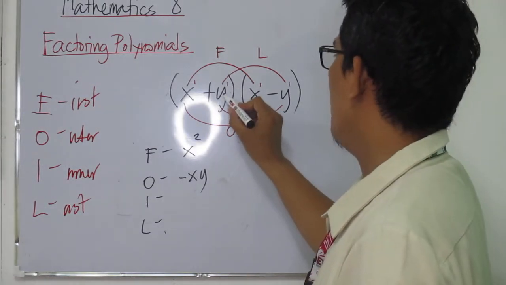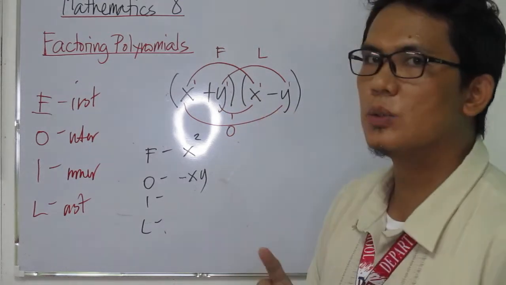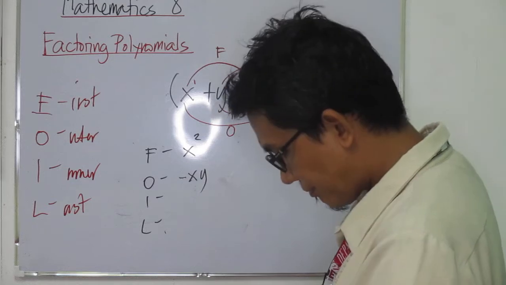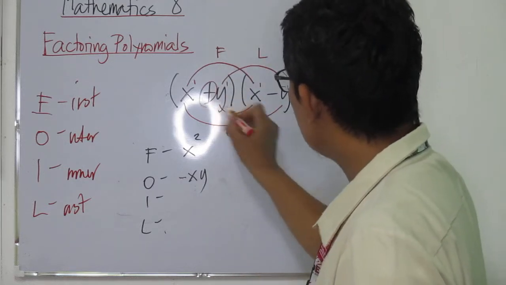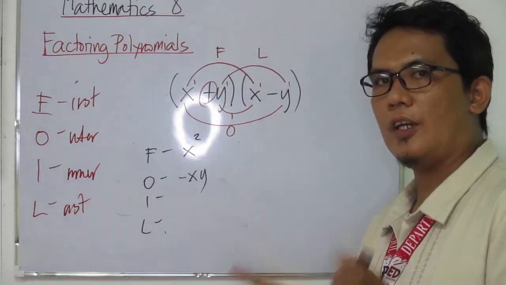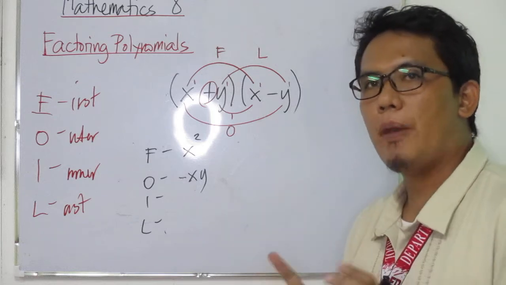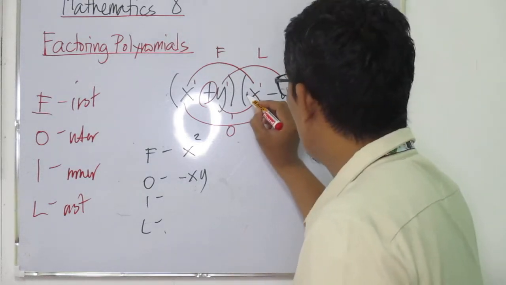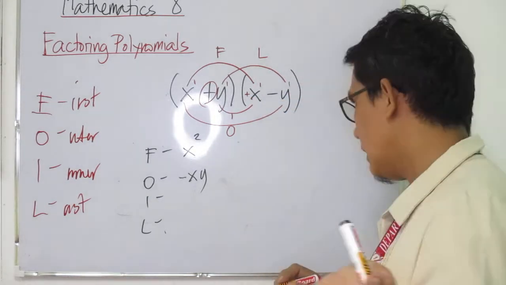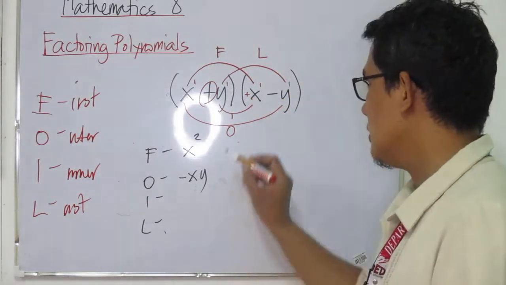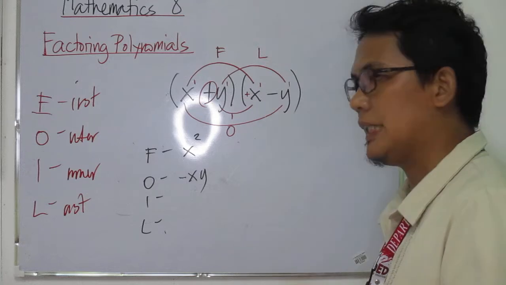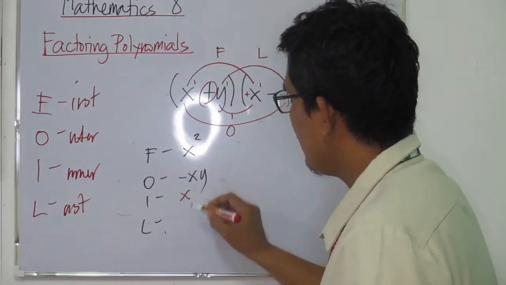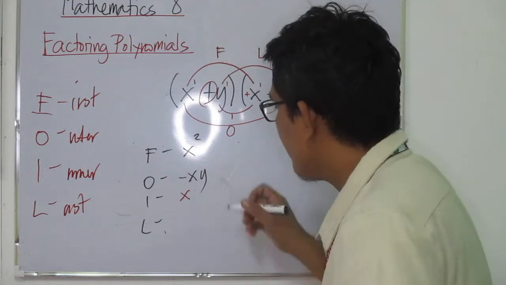So we have y and x, that is y times x. Take note also, the sign of our y is positive. And if numbers and variables do not bear any sign, that means it is understood to be positive. So x that does not have a sign is positive. So we multiply positive times positive is also positive. And y times x, just copy, and that is xy.